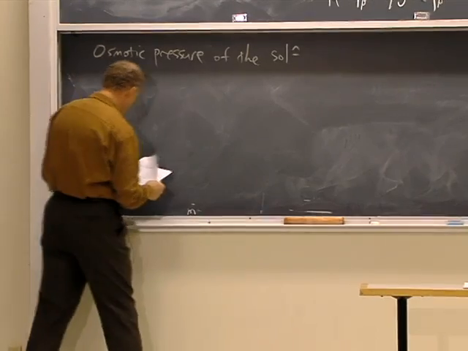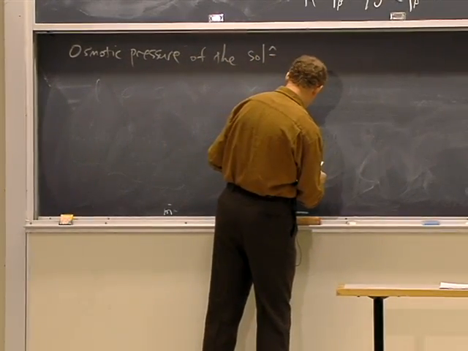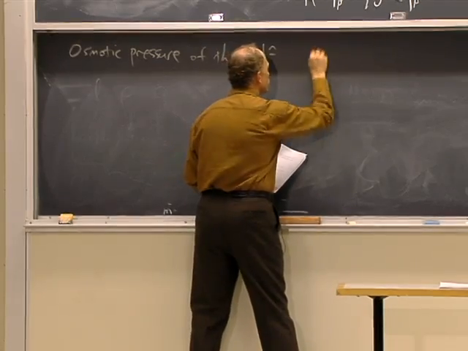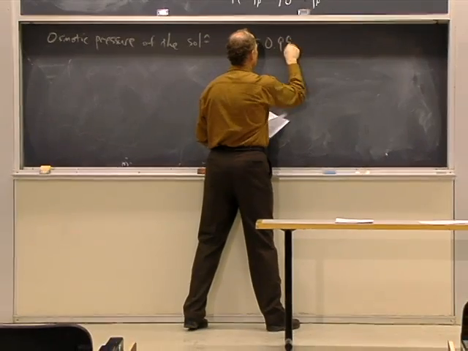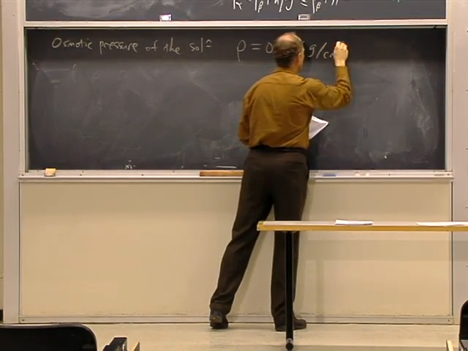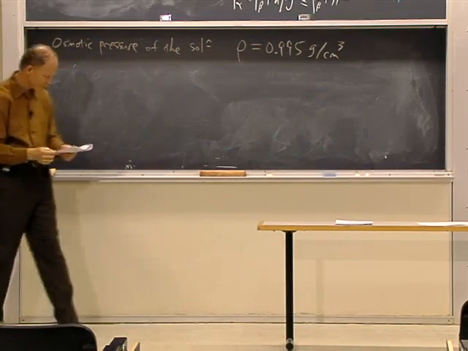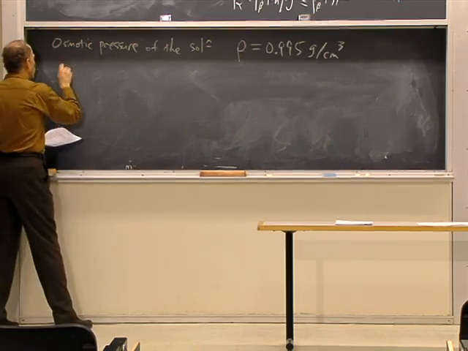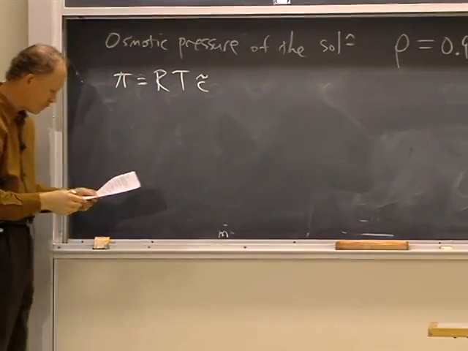So what happens? Right? And let's use a value of the density, 0.995 grams per centimeters cubed. Okay? So pi is RT times C.